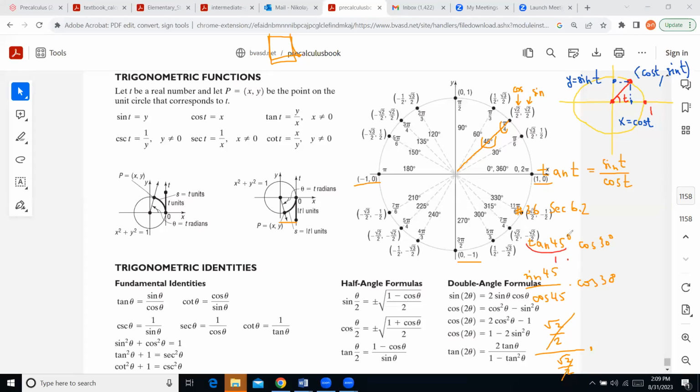And I need just a cosine of 30 degrees, which is going to be dealing with the x coordinate, right, of that. And this is radical 3/2.